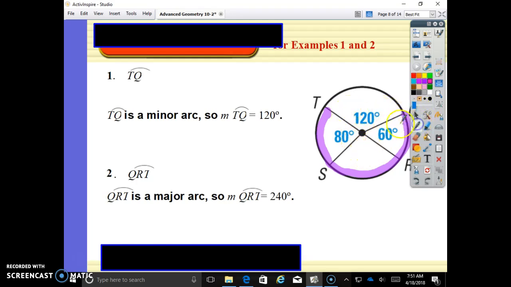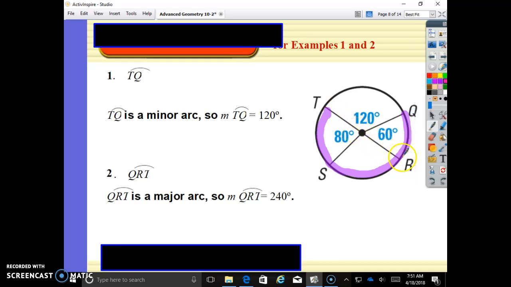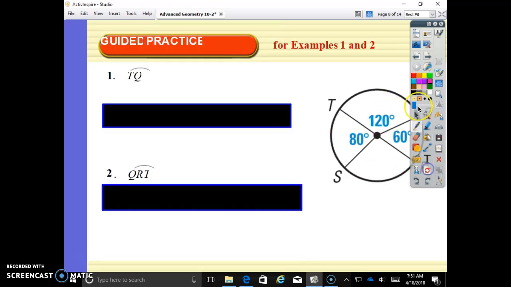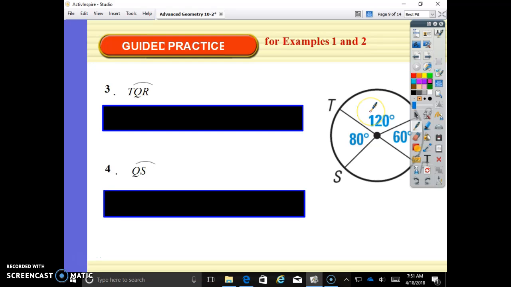Another thing you could have done is this is a diameter. But they don't say that, and you really shouldn't assume. But look, 120 plus 60 is 180, which means this is positively the diameter. So then 180 plus 60, or 360 minus 120, which was the faster way.